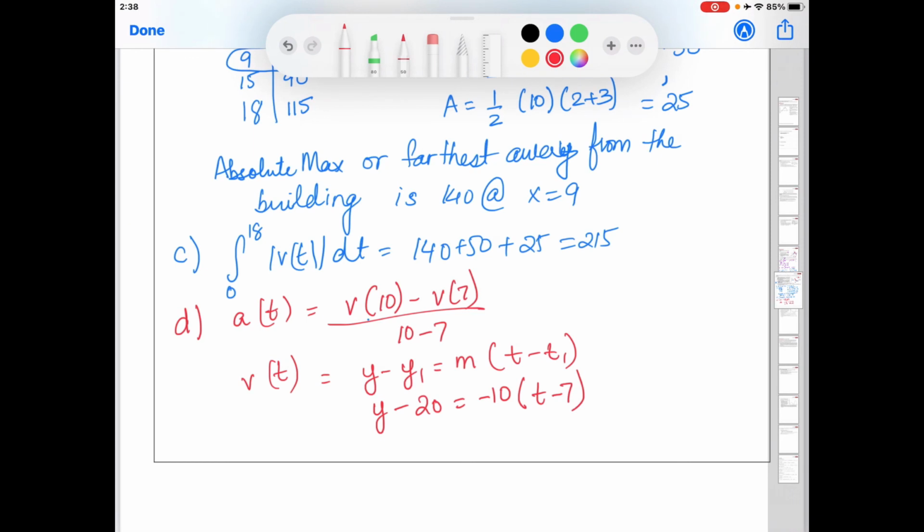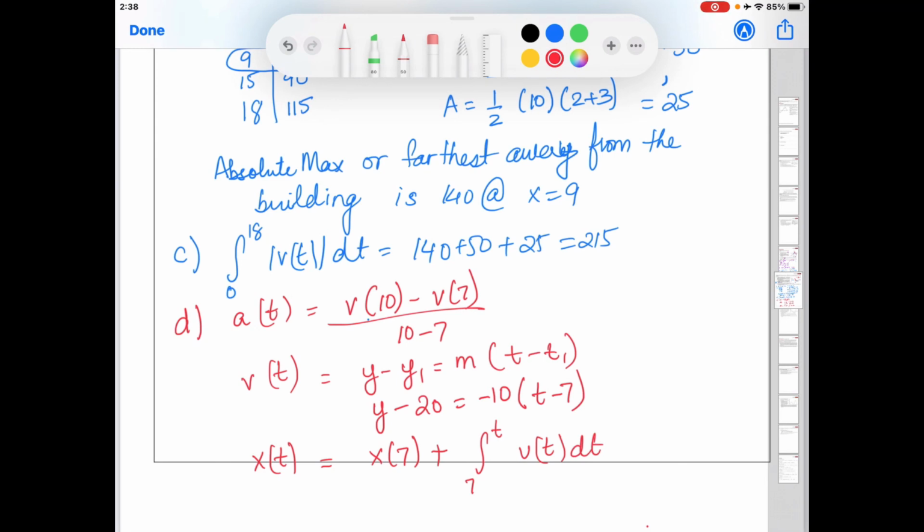And lastly, we want to find our distance, or x of t. We are given the velocity and we want to work backwards, right? If you want to work backwards, you're going to end up finding the integral. So x of t would be, we're starting at x of 7, plus, because we want to find anything after 7, the integral from 7 to t of v of t dt.